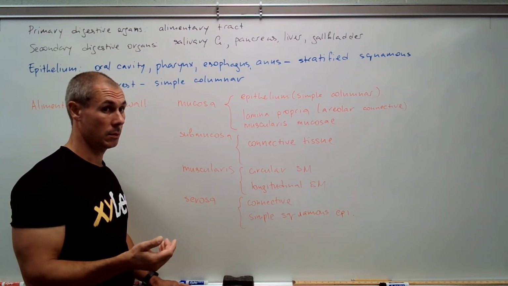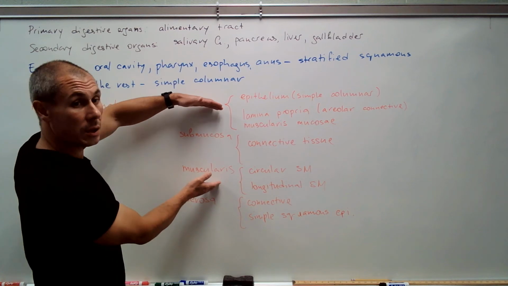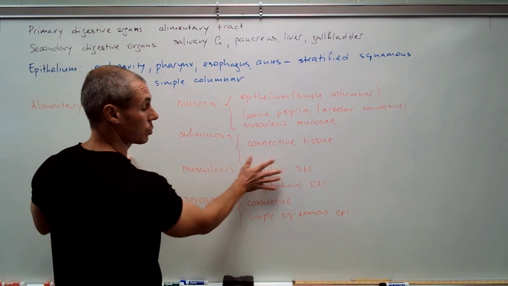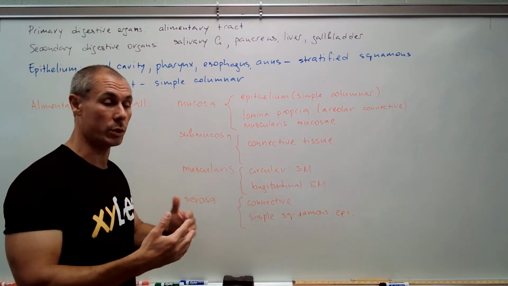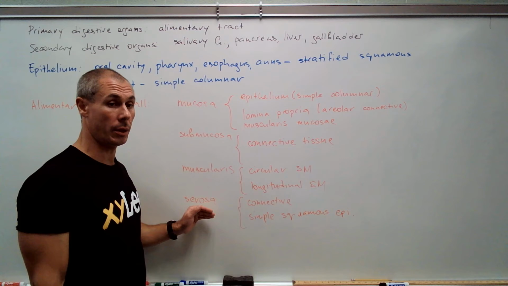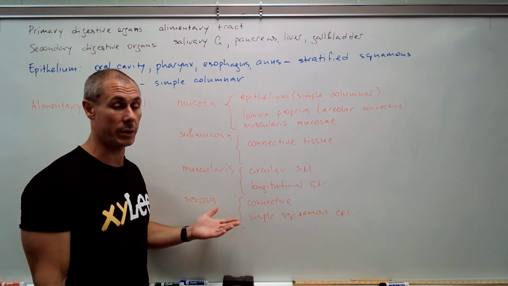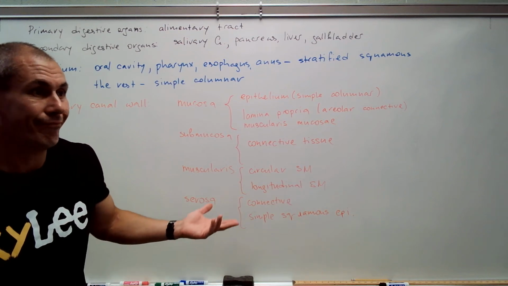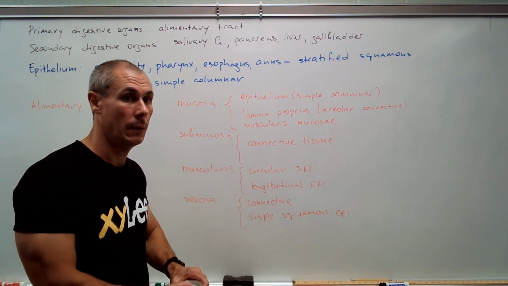You said the two bottom ones are peristalsis? Say again? Which ones are peristalsis? Peristalsis is muscularis. That's what's moving food. The serosa is the most boring layer, because it's connective tissue covered with simple squamous epithelium. There's a production of serous fluid, like structural lubrication, that's it.